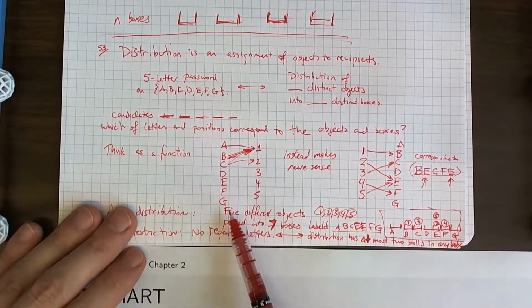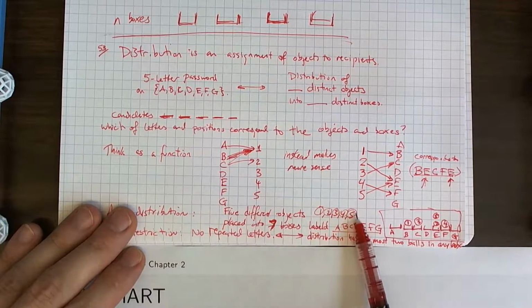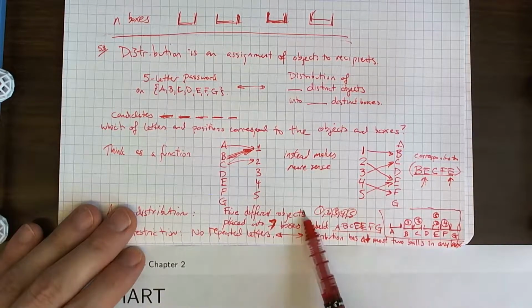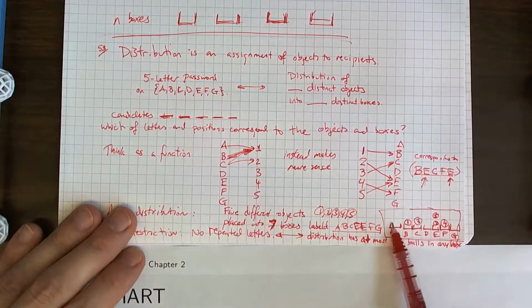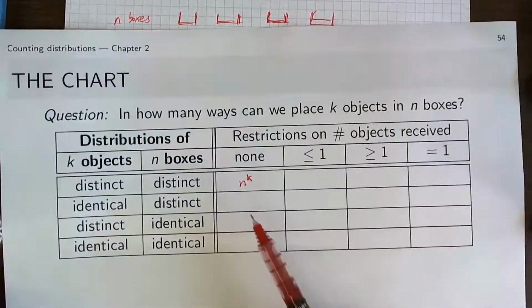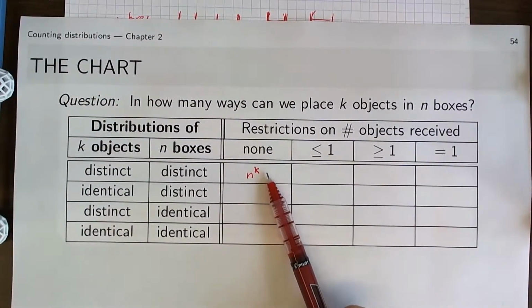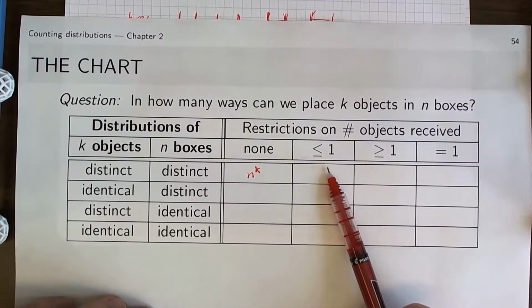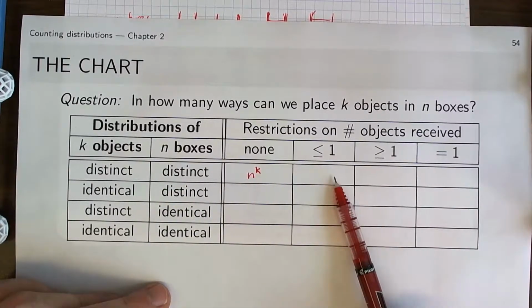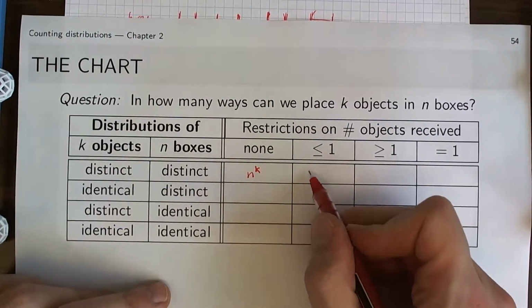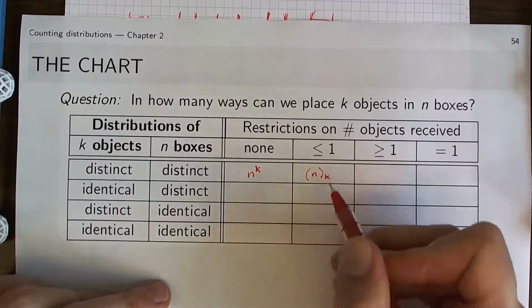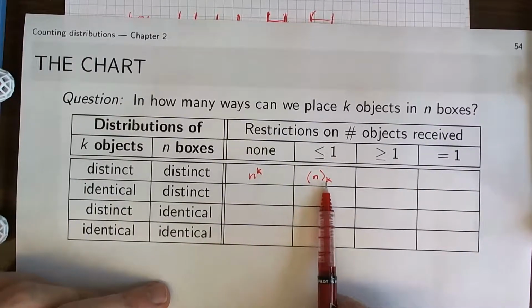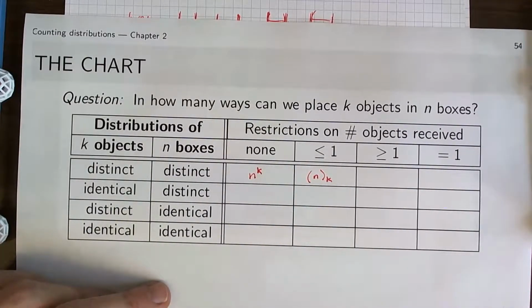So if we have k different objects placed into n different boxes, each of the k objects has n choices of where it has to go. And so that gives us n to the k different ways. And then we saw that if the objects are distinct and the boxes are distinct, and there's at most one object per box, then the number of ways to place these is passwords with no repetition, the falling factorial n to the k.